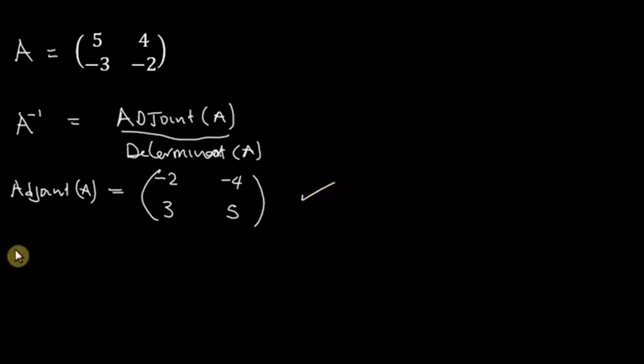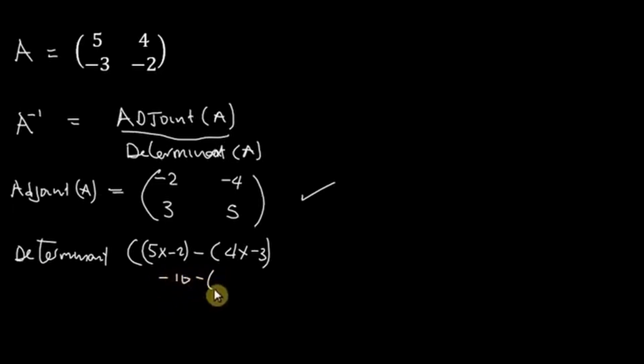and that would be your adjoint matrix. Your determinant is simply found by multiplying the leading diagonal elements, or it's a product of the leading diagonal elements. So it's 5 times negative 2, and you're going to subtract the product of the non-leading elements, which is 4 times negative 3. So that would be 5 times negative 2 is negative 10, and you're going to subtract negative 12.